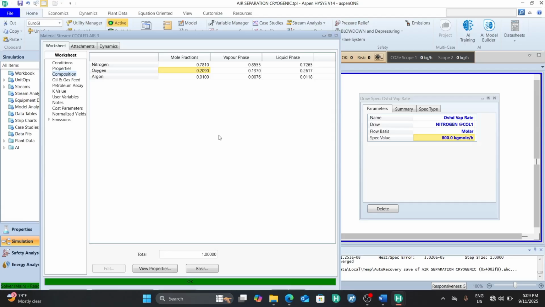It's simply the amount of oxygen present in our product stream divided by the amount of oxygen present in our total feed.